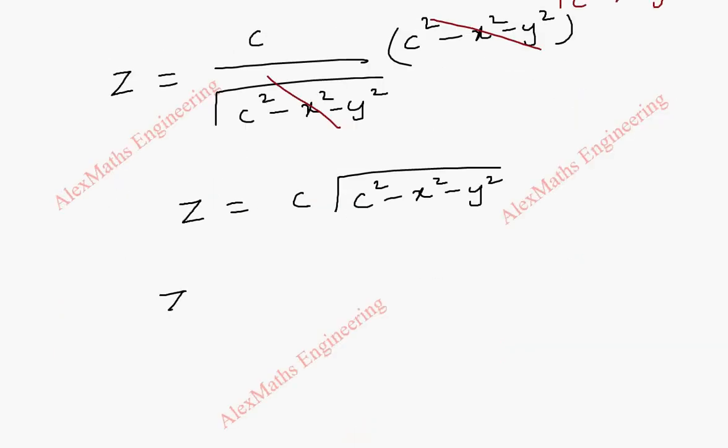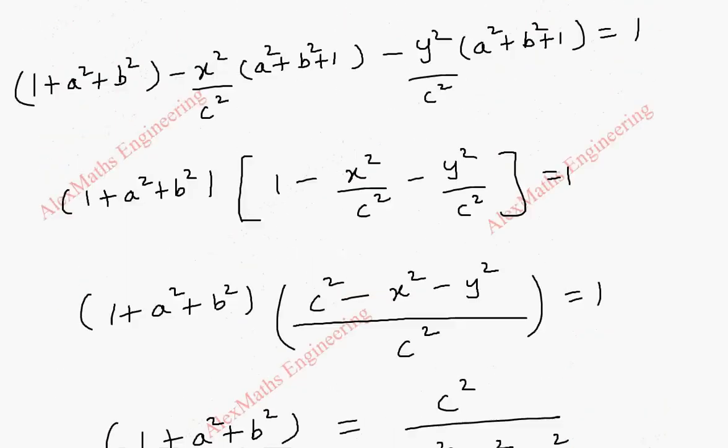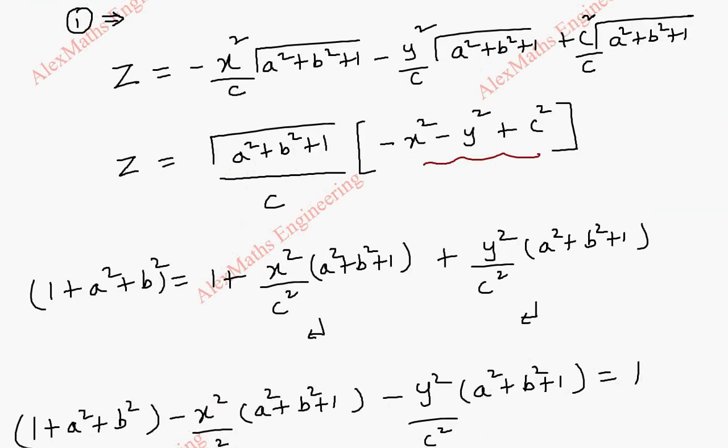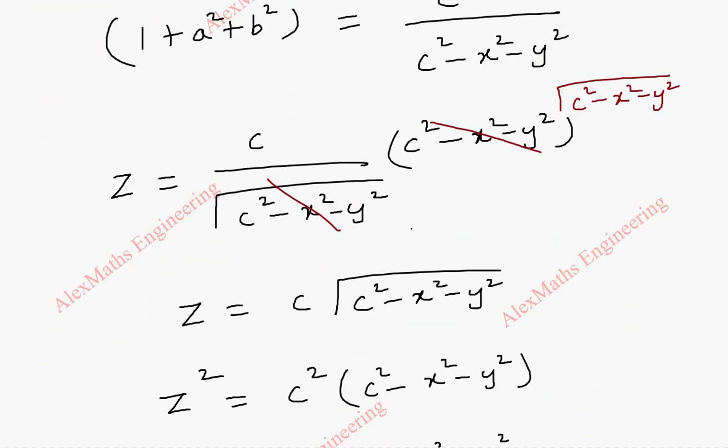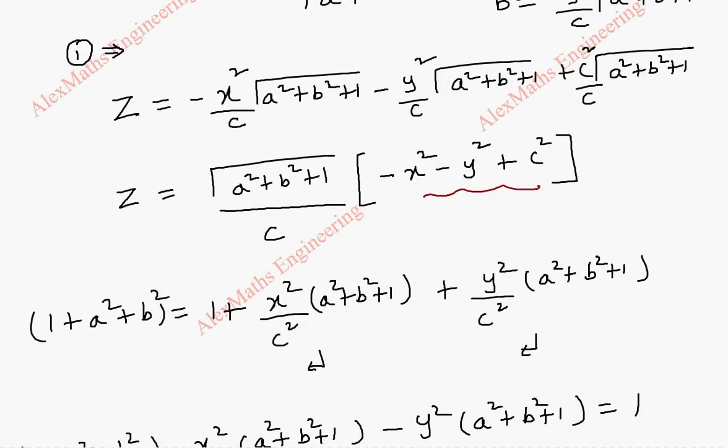Now squaring on both sides, we get z square is equal to c square into c square minus x square minus y square, and by dividing, z square by c square equal to c square minus x square minus y square, and in the z also we had a term by c. So this term should be taken here by c, and once again that c and c we can cancel, because when we replace there is also a division by c.